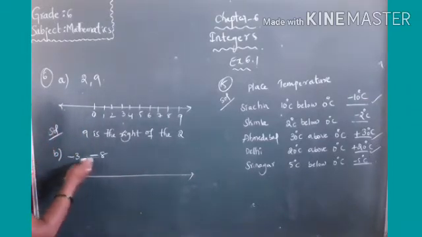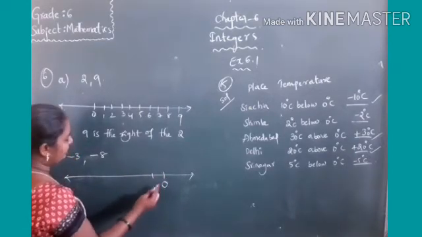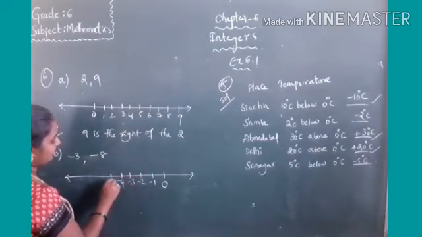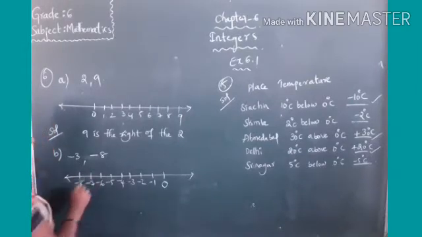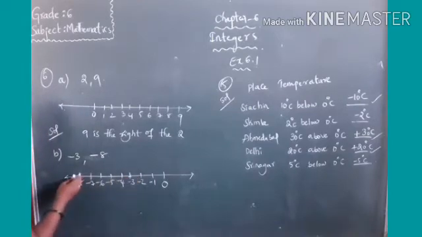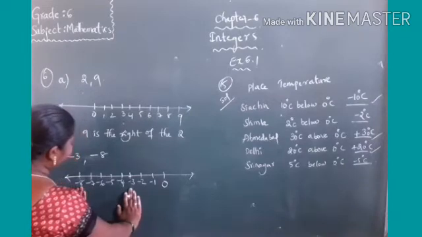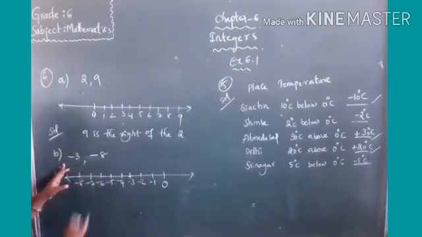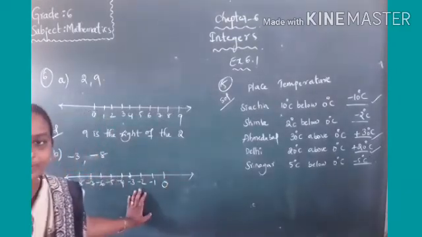Here two integers are negative, so you have to take 0 and go to the left side: minus 1, minus 2, minus 3, minus 4, minus 5, minus 6, minus 7, minus 8. Which is to the right?